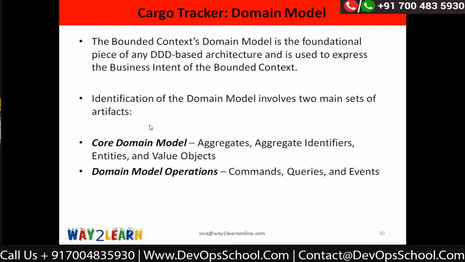First of all, you need to design your core domain by identifying these objects. Then you have to identify your domain model operations, what all operations you want to apply on your domain. That means you have to identify your commands, queries, and events. Then you have to decide what all services you want, the domain model services.